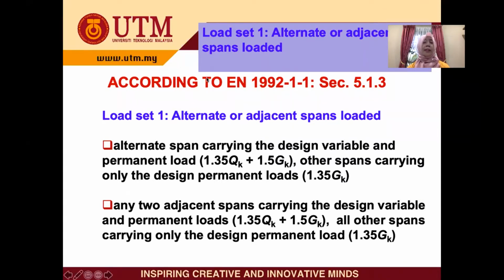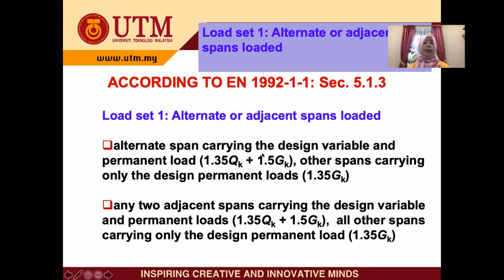The first set is according to the Eurocode EN 1992. We assume that we have several cases. For load set 1, under the European code, the first is alternate spans carrying the design variable and permanent load.